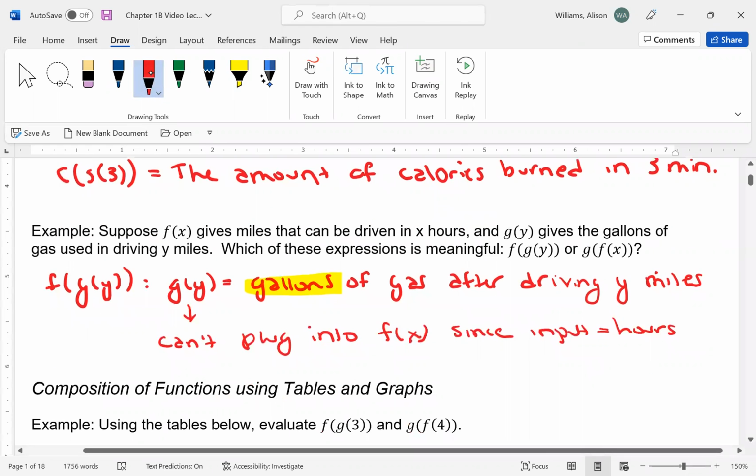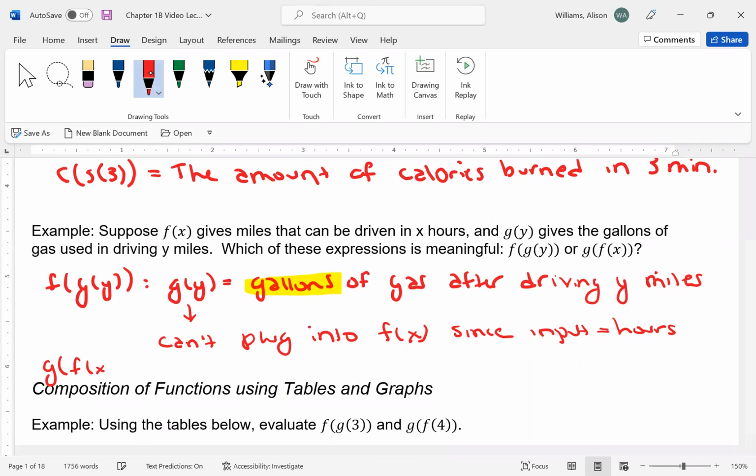Let's see if it makes sense to find G of F of X. F of X in this case is going to find the miles driven in X hours. And since G of Y is figuring out the gallons of gas based on how many miles you have driven, that makes sense, because F of X is spitting out however many miles have been driven.